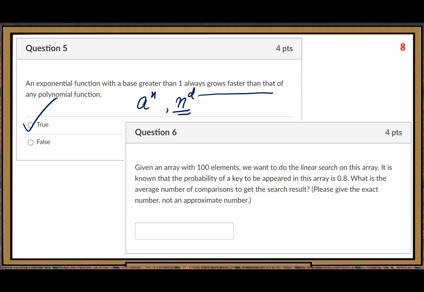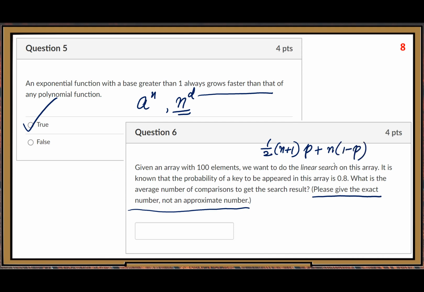Number 6. This one, linear search, we have a formula. If you go back to the notes, I said here exact number, not approximate number. Because some of you may like to ignore some minor terms and use a simplified version of the formula. But here we should use the full, original version of the formula. That's 1/2 times (m plus 1) times p, plus n times (1 minus p).